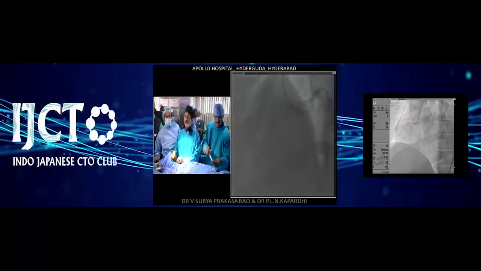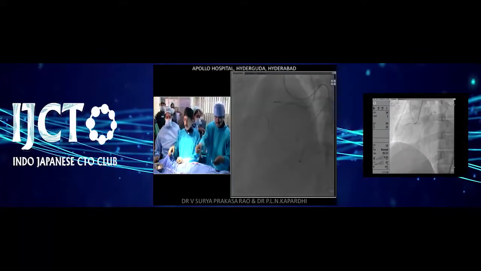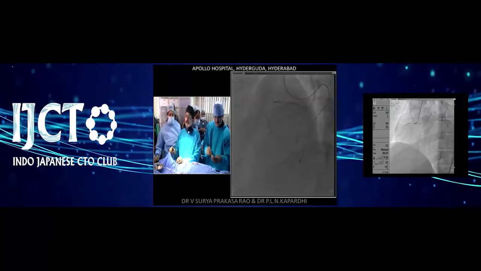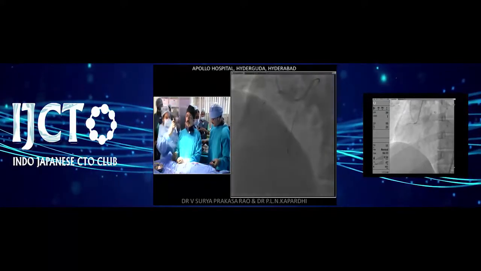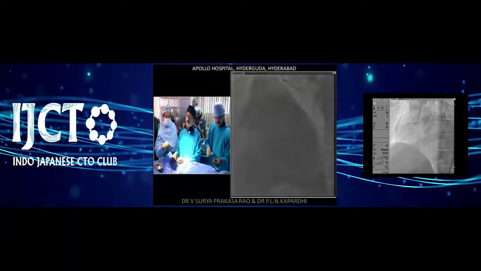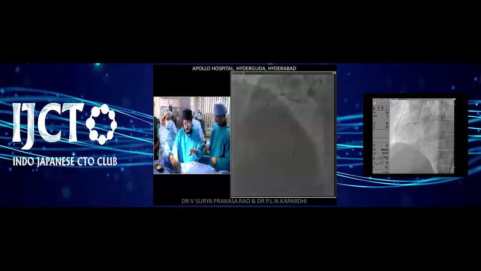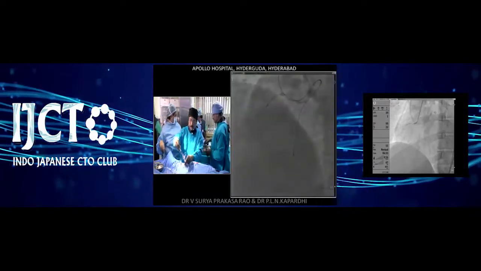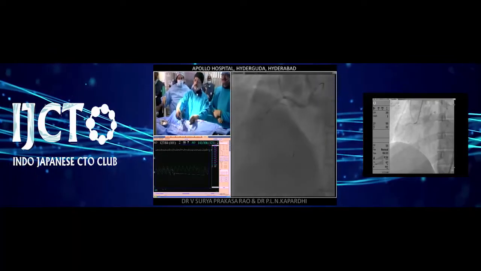Yeah, that's one good option, that you are with the wire distal, and before you invest a lot of effort, you can use it as a target and come from top with a very stiff wire or a good one.